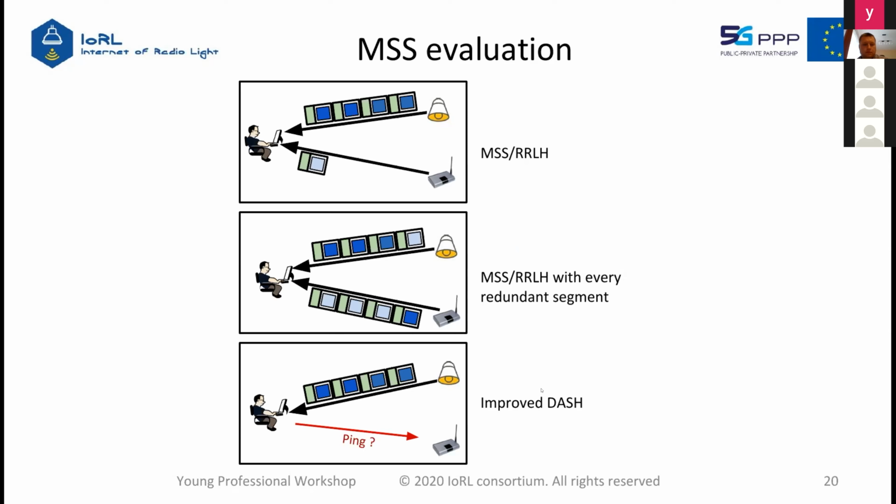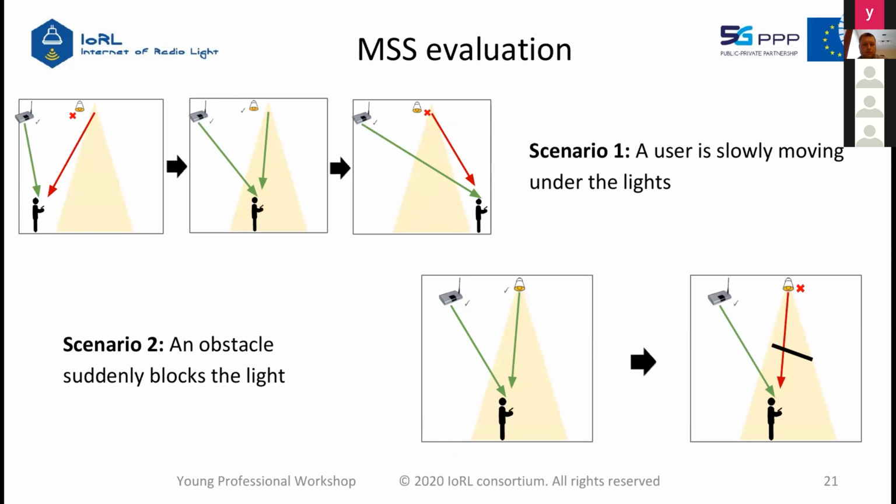And we have also studied a state-of-the-art player using the current standardization formats. We have improved this player by making it able to ping periodically the different network paths available in order to see if it is possible to switch from one network to another.